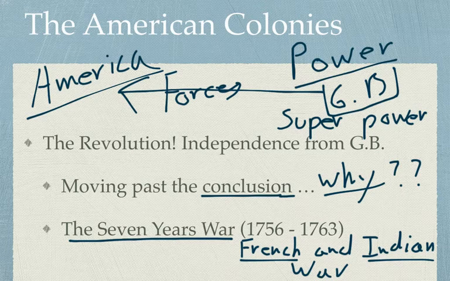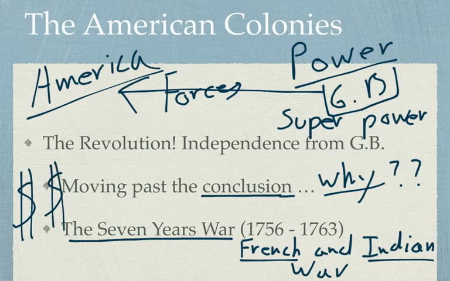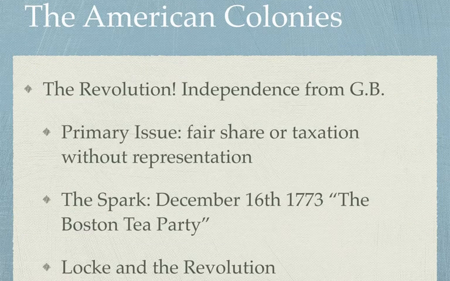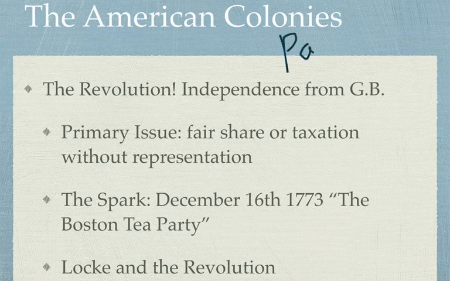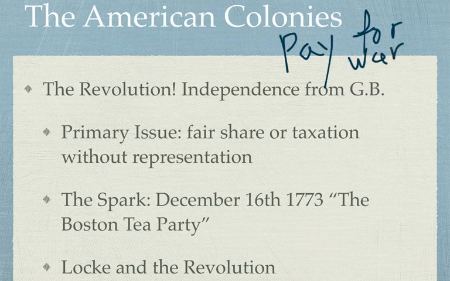And like all big conflicts, it had a big price tag. And so in the aftermath of the Seven Years' War, there's a big issue. And that question is, how do we pay for the war? A question that we still even ask ourselves to this day about different conflicts.